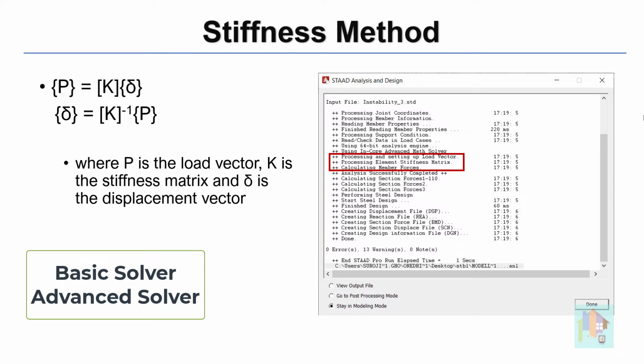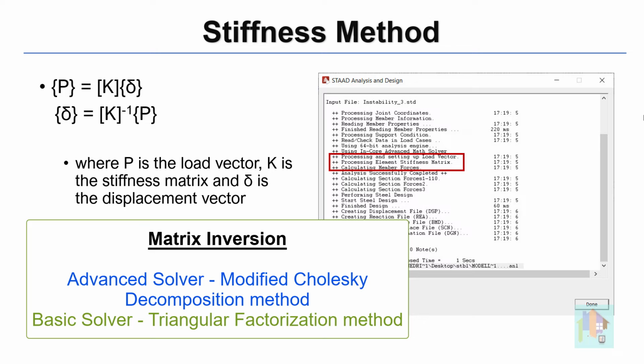For advanced solver, modified Cholesky decomposition method is used for matrix inversion, whereas for basic solver, triangular factorization method is used, which is much slower than the advanced solver. That's why for a large model, you can notice a difference in analysis time between the basic and advanced solver. Basic solver takes considerably more amount of time to complete the analysis.